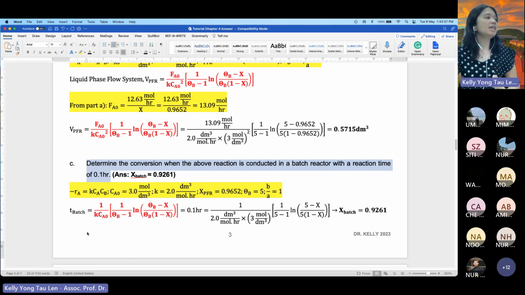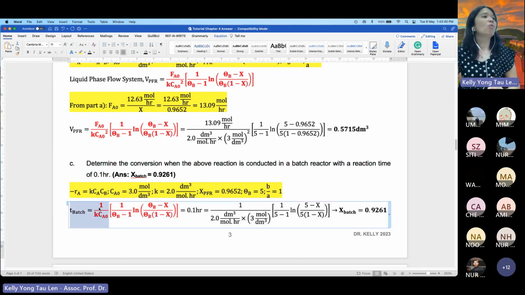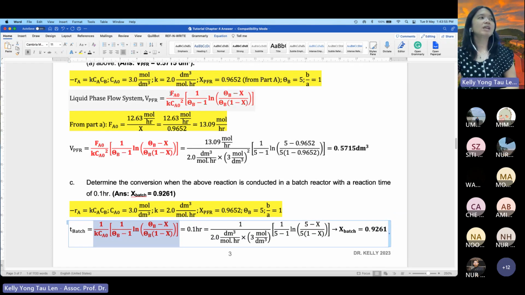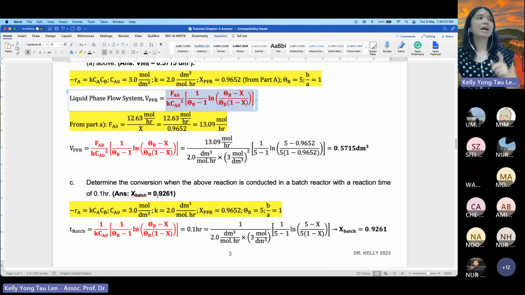So the equation is given as reaction time equals 1 per KCA0 in bracket, 1 per theta B minus 1, times ln bracket, theta B minus X per theta B, 1 minus X. You may think it is the same as the previous equation for finding the PFR volume. It is somewhat similar but not the same. The part at the back is the same. The front part differs: for PFR volume it is FA0 per KCA0 squared, while for reaction time it is 1 per KCA0. So the equation looks the same but is not.